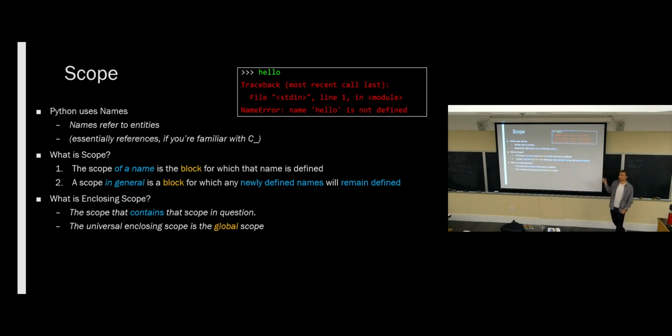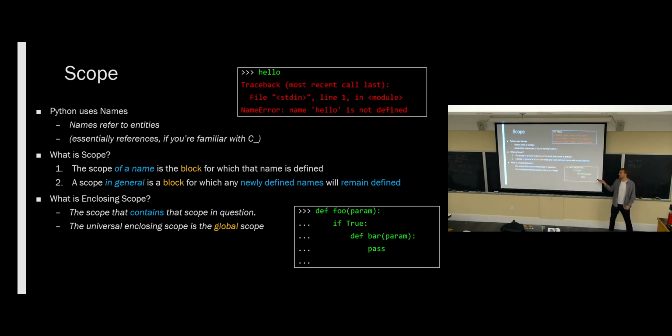So we'll see an example here. In this example, what's the enclosing scope of this if statement? Anybody? Foo? Yeah, this if statement has a scope, and its enclosing scope is foo.